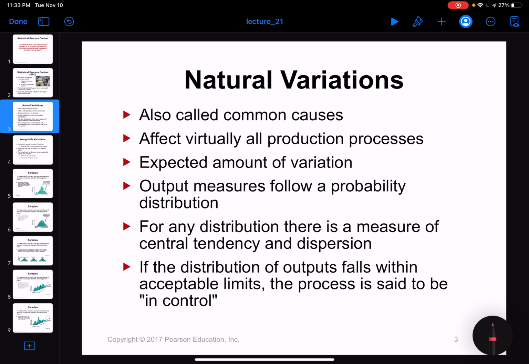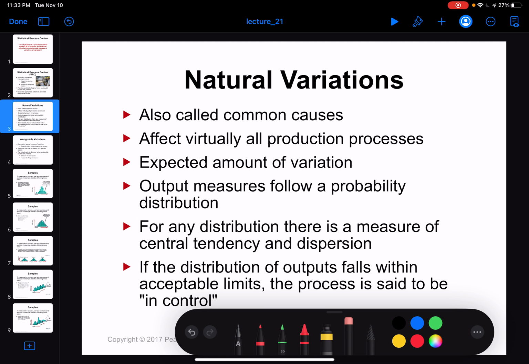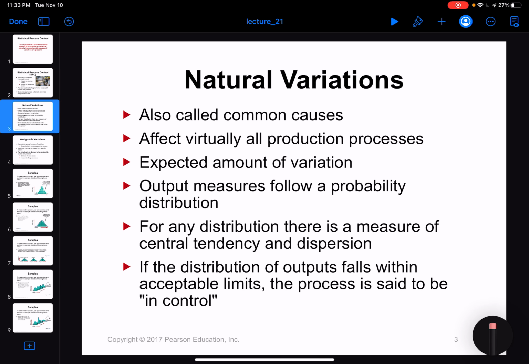So there are some natural variations, something called natural variation, that may follow a probability distribution or a measure of tendency. Natural variation means that's okay. If I say this is natural variation, the first question is, what are you going to do about it?